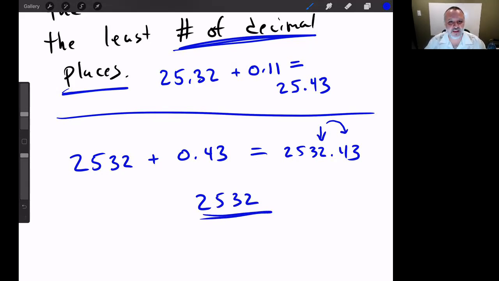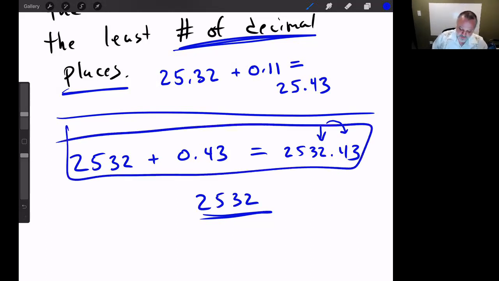What we're saying is that at the level of precision of these 2 measurements, when I add 0.43 to 2532, the answer is 2532 because we want to represent the correct level of precision. In the math class, this is it. We stop here. In the chemistry class, we're saying that they're not just arbitrary numbers, they're actually measurements.